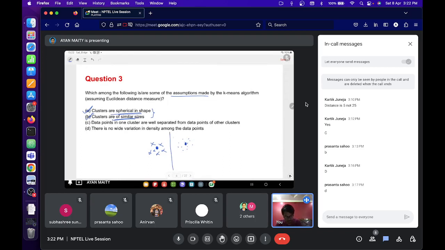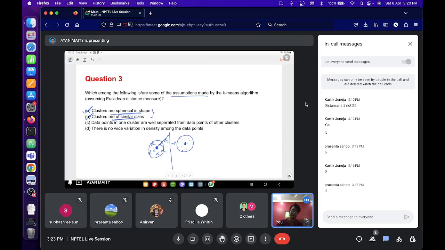All the points left of this straight line would always belong to this cluster, and all the points right of this belong to this cluster, isn't it? So it tries to find the distance from the centroid, and so all the clusters that will be created would be of similar sizes in that regard.